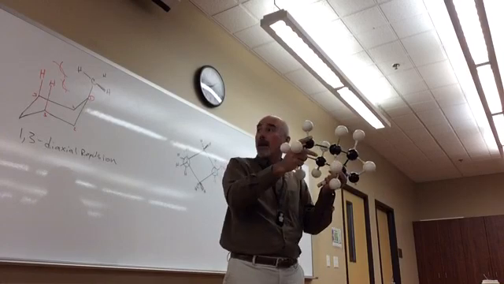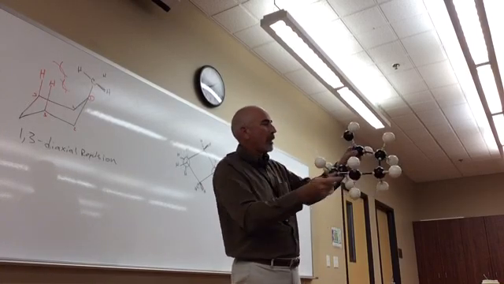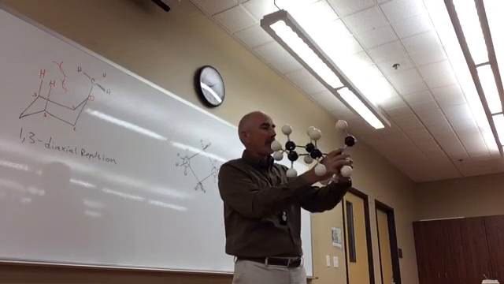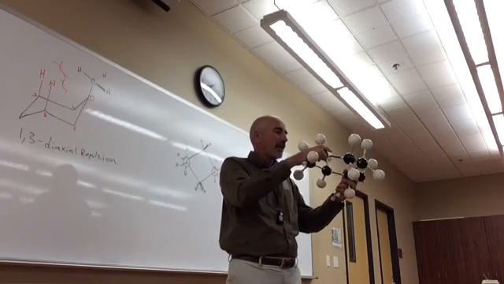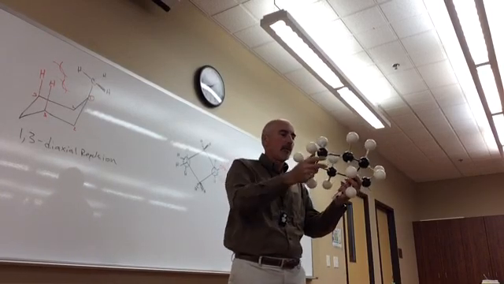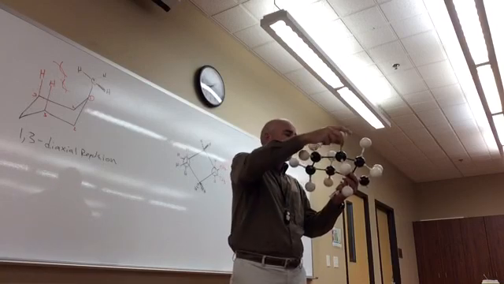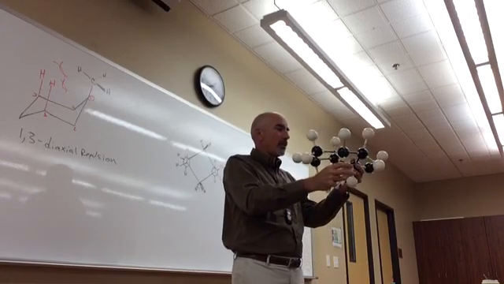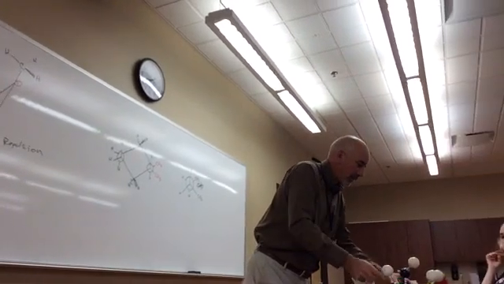Okay, I am flipping it the wrong way. My problem is this should be over here if I'm doing it this way. So if I put that equatorial, then this, okay, so this one, let's get this flat again.